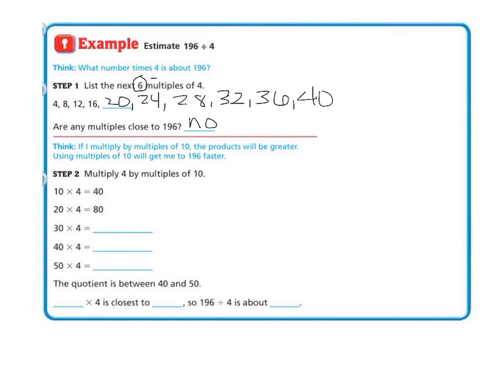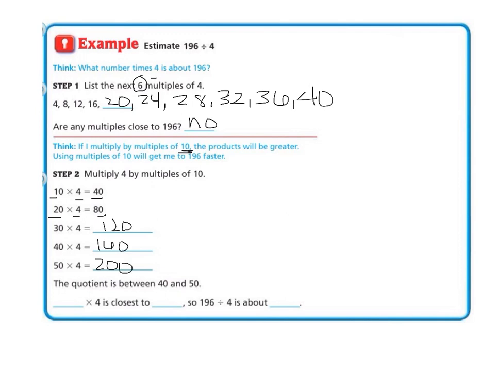It says if I multiply these multiples by 10, then my product will be much larger, so I'll be able to get closer to 196. So instead of multiplying 4 times 1 and getting 4, I'm going to multiply 4 times 10 and get 40. This is just like we practiced. 4 times 2 is 8, and then add a 0. 4 times 3 is 12, and add a 0. 4 times 4 is 16, and add a 0. 4 times 5 is 20, and add a 0.